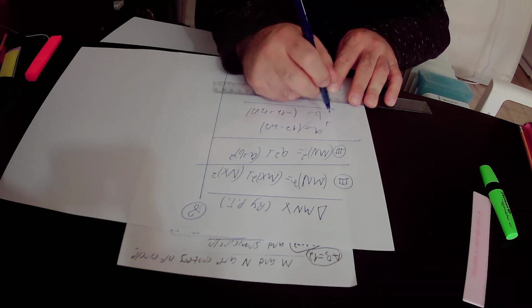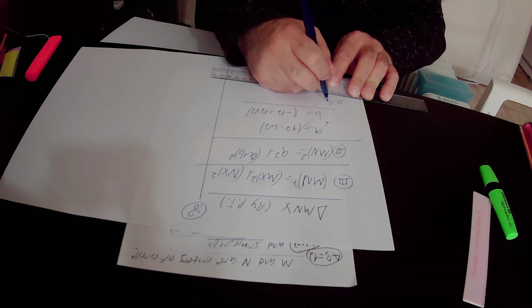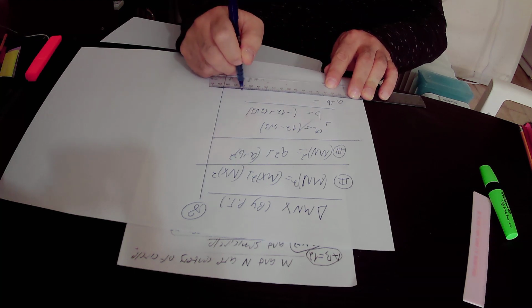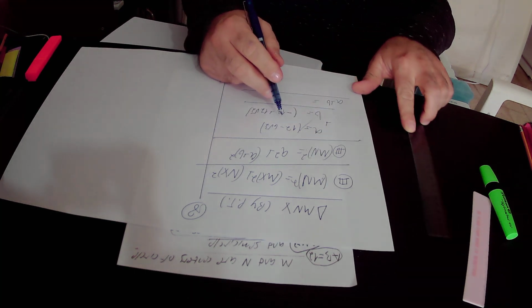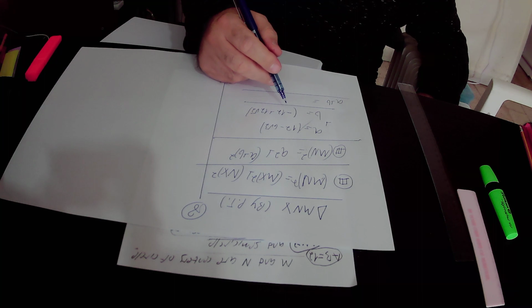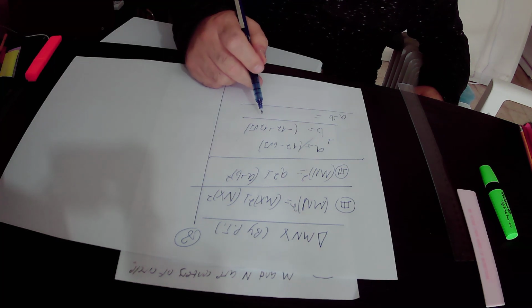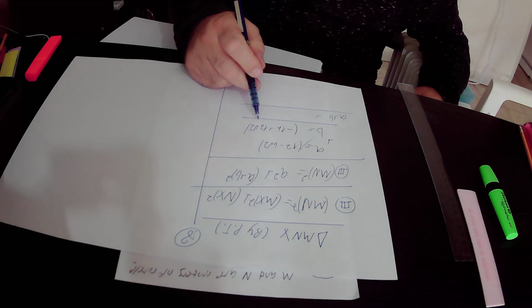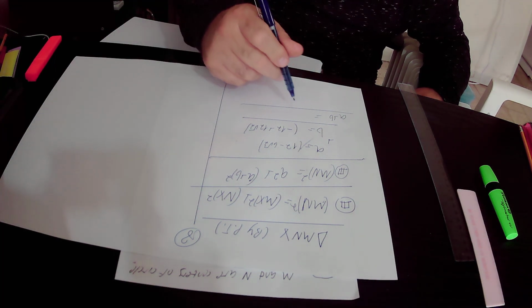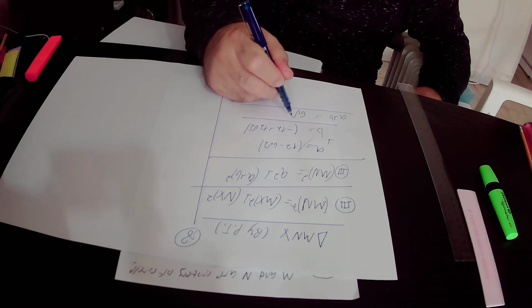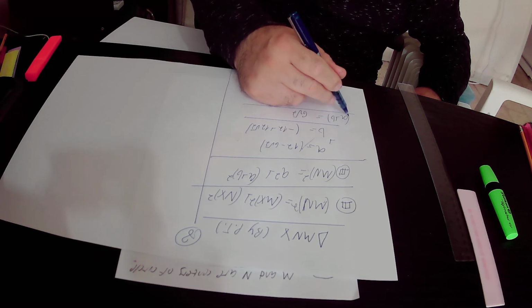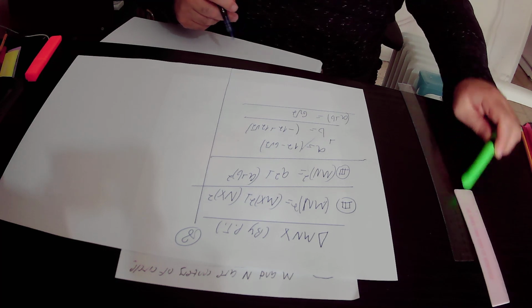And what is the value of A plus B? A plus B equals 12 minus 12, that is 0. And here we have 12 times square root of 2 minus 6 times square root of 2, which is 6 times square root of 2. So we found out that A plus B equals 6 times square root of 2 units.